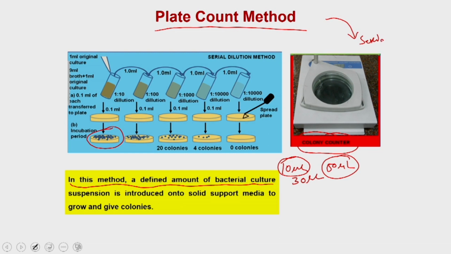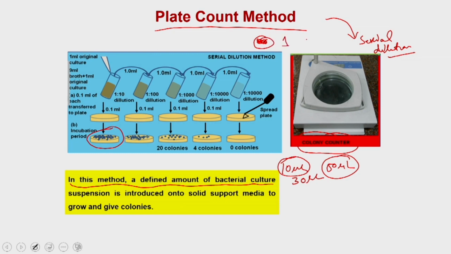of the concentrated stock, and you can do the counting using the colony counter. Because if it gives too many colonies, it is possible that two colonies are very nearby, but you will count them as one colony.